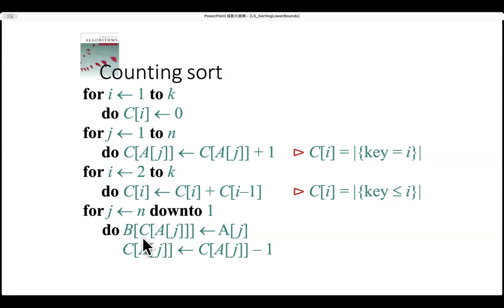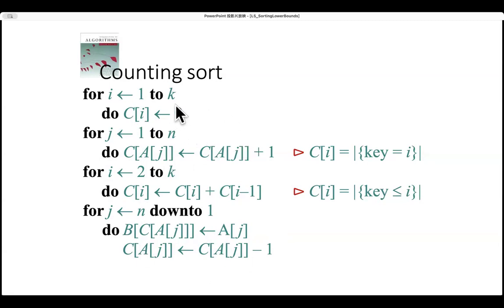It's A[j], and the result you put as the index of C, and that result you will use as the index of B. So it looks crazy, right? It looks crazy. So what exactly is this algorithm doing?